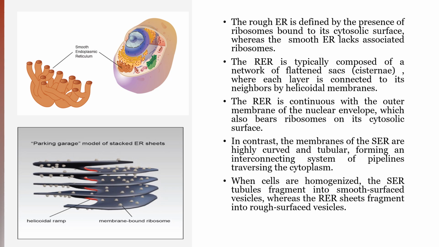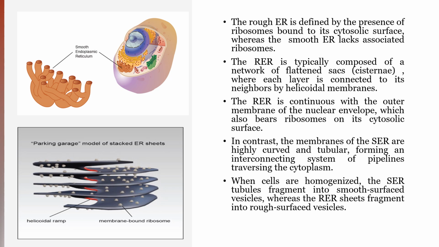Apart from that, in the previous diagram, we have seen the rough endoplasmic reticulum. It is made up of flattened discs and flattened sacs, and each of these sacs is connected to each other. There is a continuous network of the sacs, right?